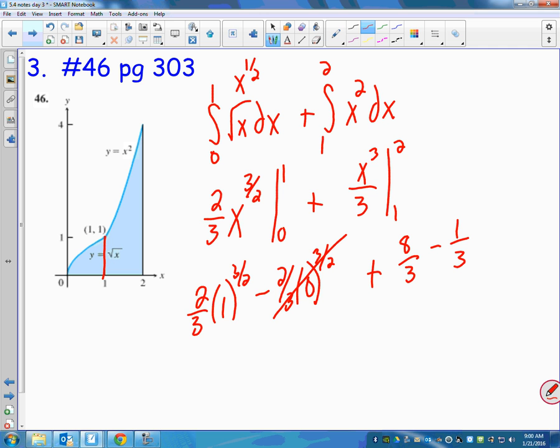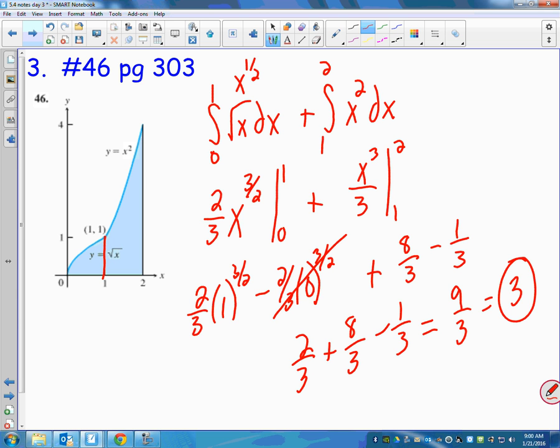That's just 0. 1 to anything is just 1. That's just 2/3 plus 8/3 minus 1/3, which is just 9/3, which is really just 3. Okay, that's perfect. That's it. It's just great.